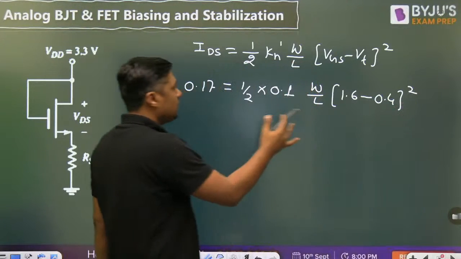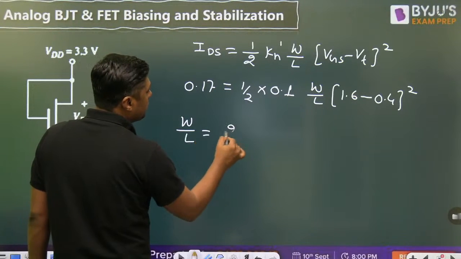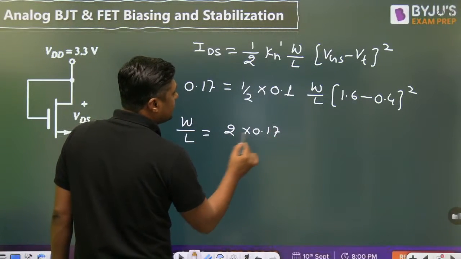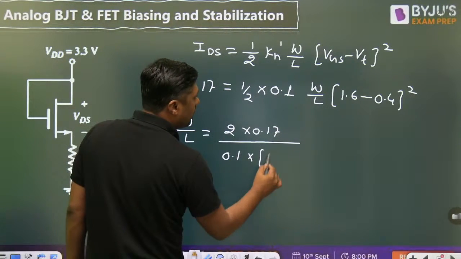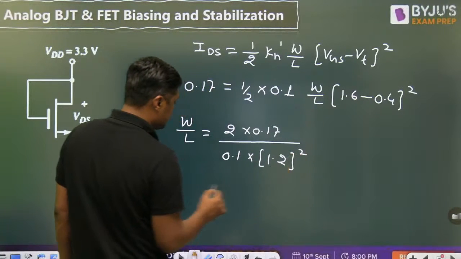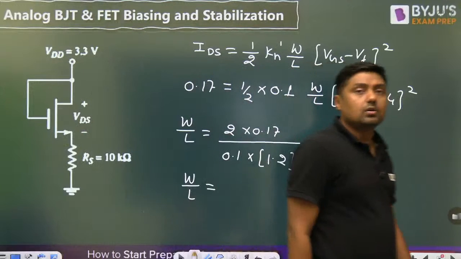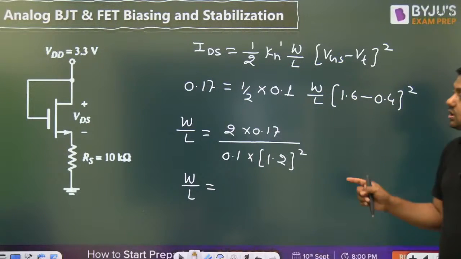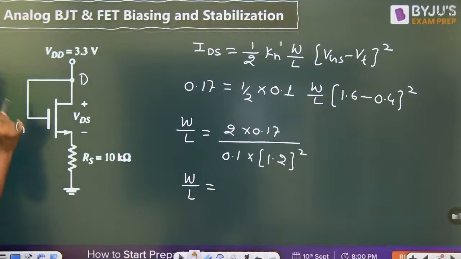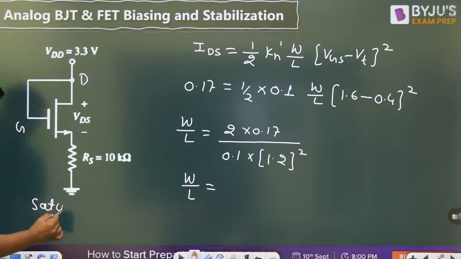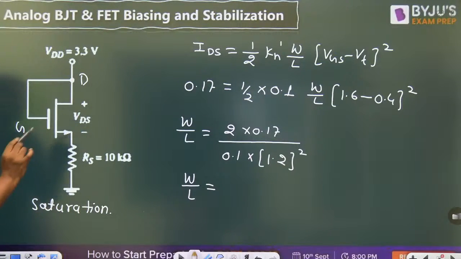Now, please everyone, use this formula to calculate the value of W by L. It will become 2 into 0.17 divided by 0.1 into 1.2 square, and you will get the aspect ratio. A very simple but logical question on MOSFET. Once the drain is connected to the gate, it will be in saturation. No need to check.